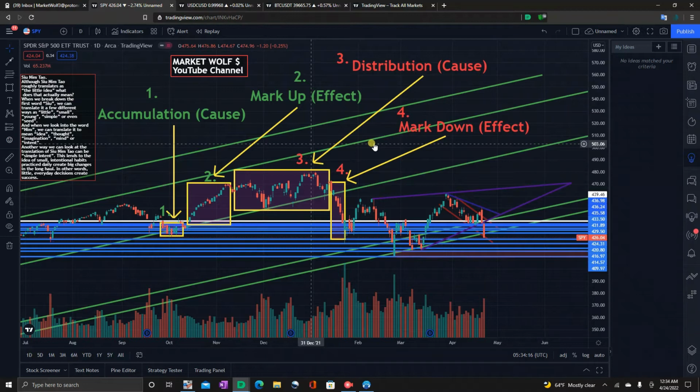And I would say this is the seed of the idea for all of your trading strategies. And when we look into the word Nim, we can translate it to mean idea, thought, imagination, mind, or intent. Another way we can look at the translation of Siu Nim Tao can be simple intent.